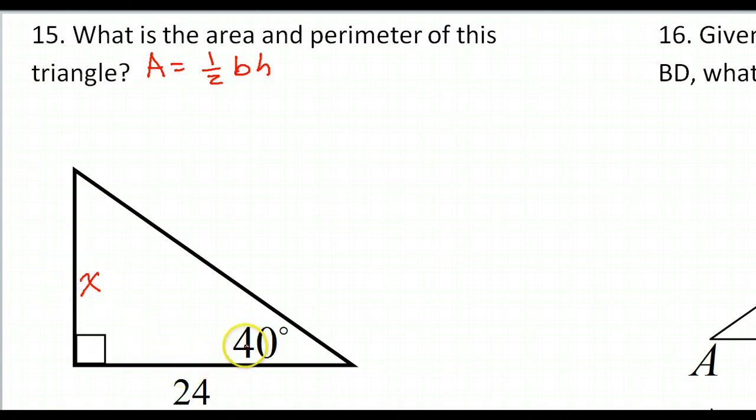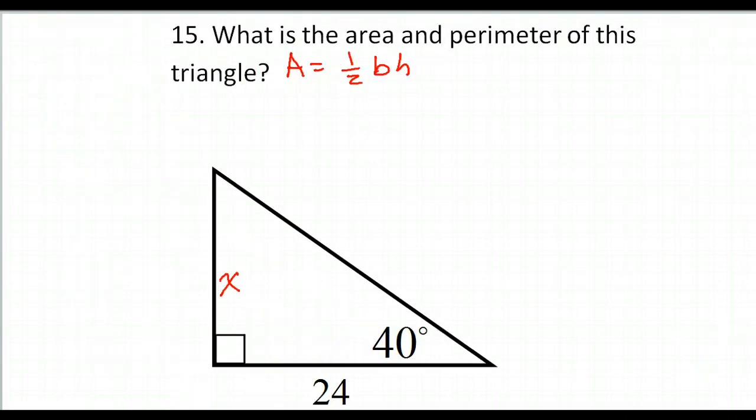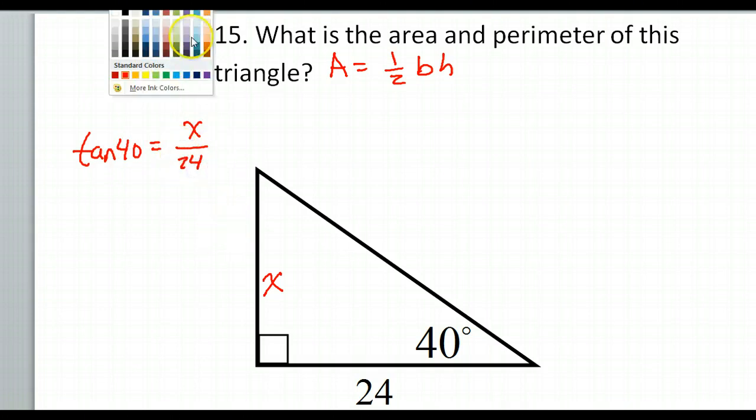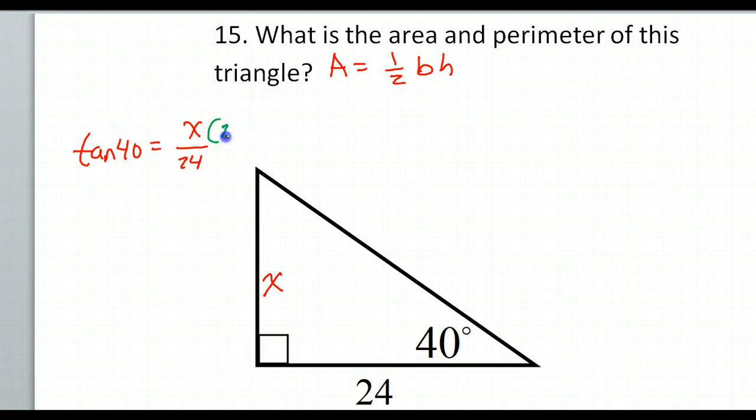We could find x, couldn't we? Because if we use the tangent function, opposite over adjacent from the 40, so I'm going to use the tangent function to find this unknown side over here. I'll do it over here. So tangent of 40 will equal opposite over adjacent. And now I can just multiply by 24 on both sides like this.